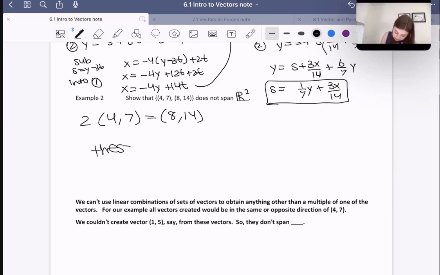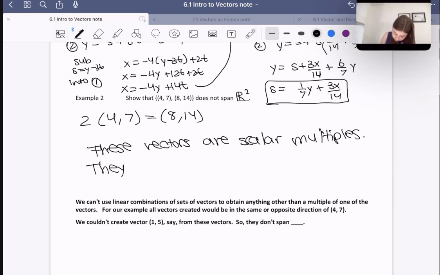These vectors are scalar multiples, and so therefore, they do not span R2.